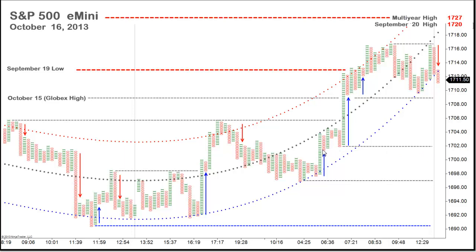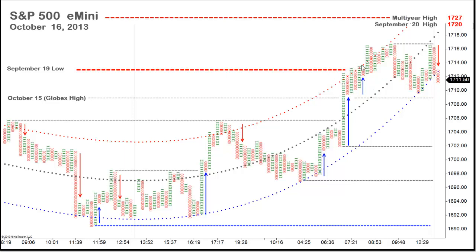During the 30 minutes where the market paused at the 1702 price level and traded in the narrow, high-frequency computerized market maker algorithmic pattern, a buy-side execution sequence developed, and the S&P auctioned above yesterday's high and traded up to the September 19th low at 1713.